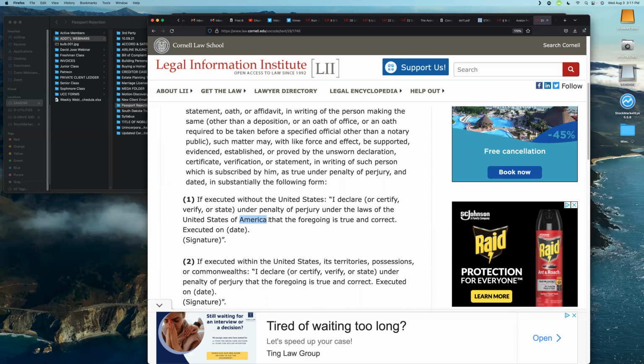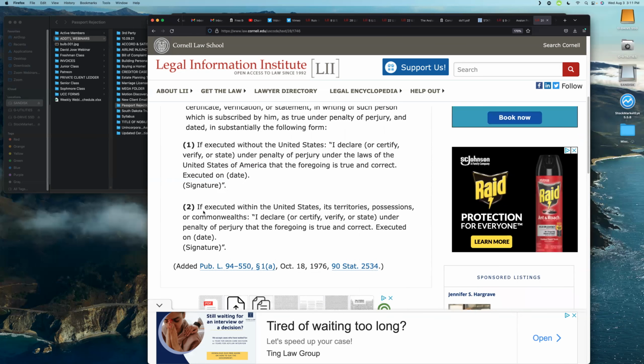So we are talking about the private side, the creditor side of America. That the foregoing is true and correct. You sign your name and you provide the date. Number 2, if executed within the United States, its territories, possessions, or commonwealths. And when they say territories, this is when all of the territories, such as the territory of California, territory of New York, territory of Delaware, all of them have ceded over their jurisdiction to the District of Columbia.